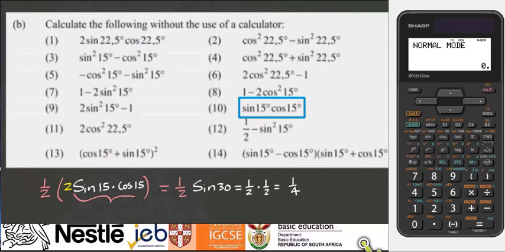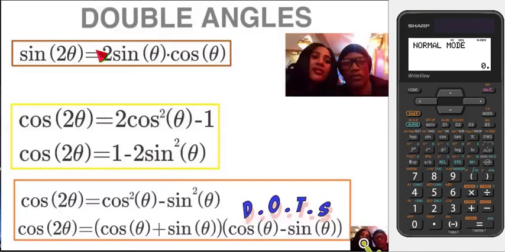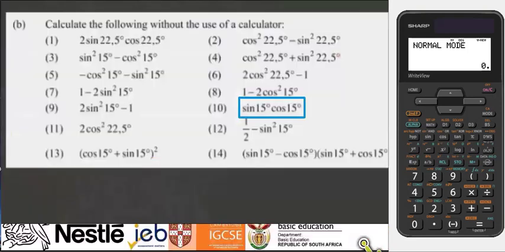That's one way of doing it. Well, if you want to do it this way, you could have come back here and said, let me get rid of the 2 here. That means you're dividing by 2 here, you're also dividing by 2 there, so you cancel the 2. Then you say, if I've got sine theta cos theta without the 2, it's sine of double the angle divided by 2.